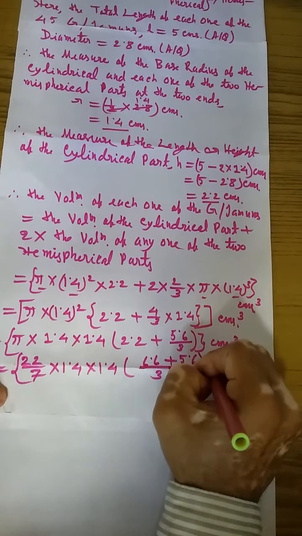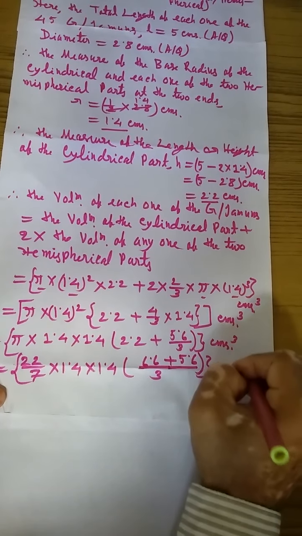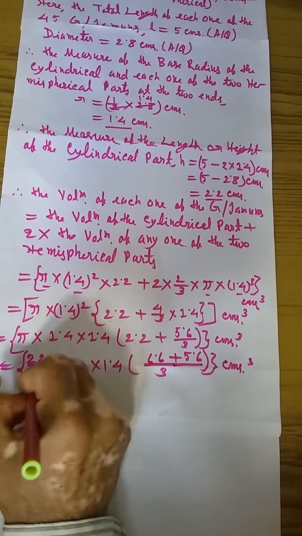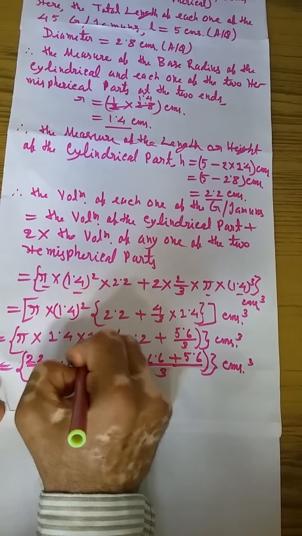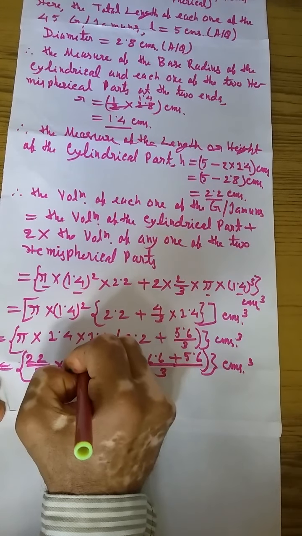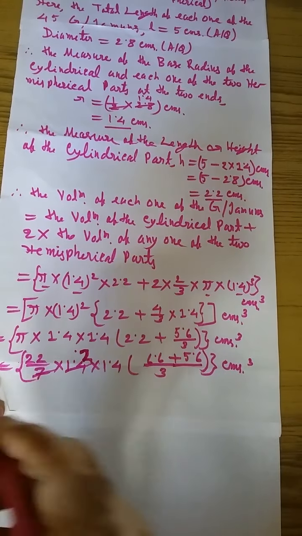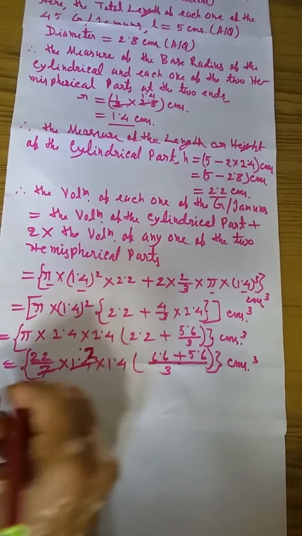The unit will be centimeters cube. Now if we do cancellation here, 7 to the 14, so we will have 0.2 here.